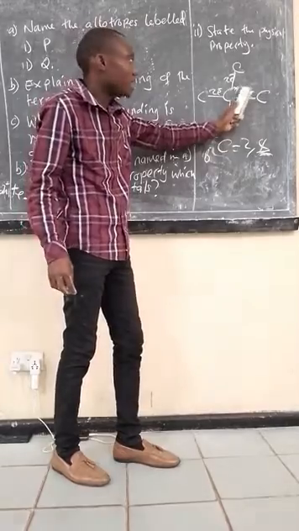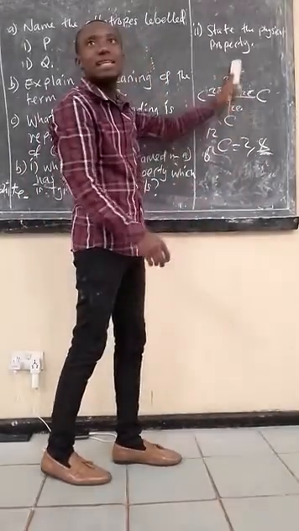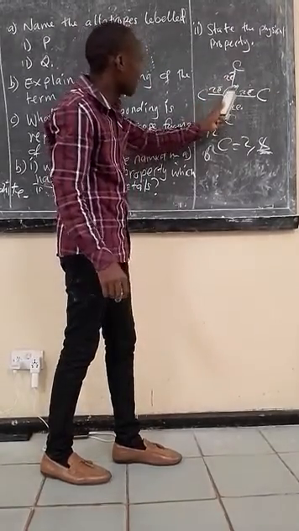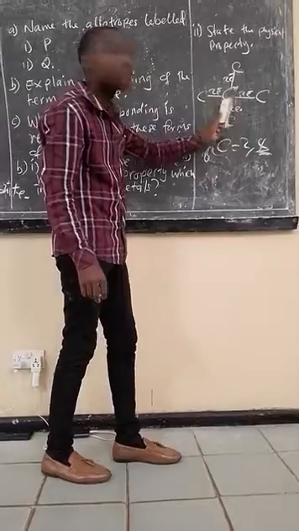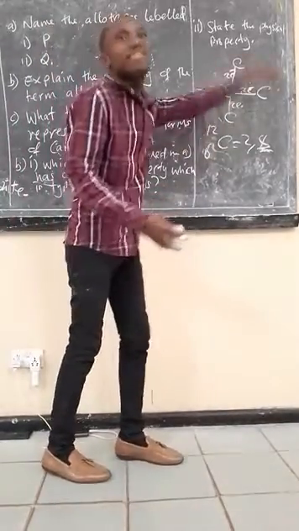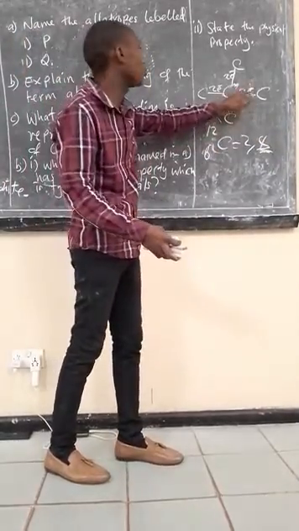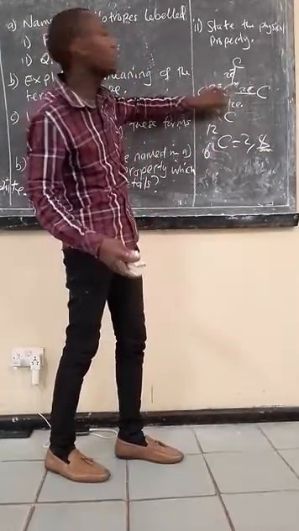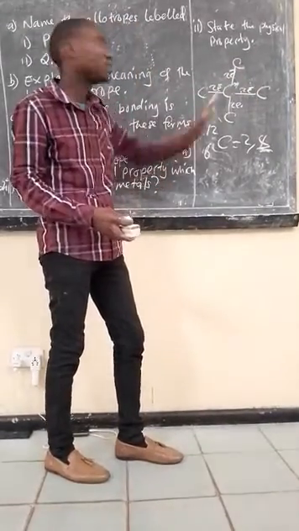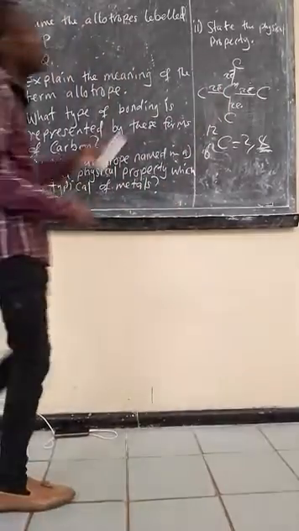We count. 1 is shared this side, so we have 1 here. Again, the other one is shared here, 2. Another one is shared this side, 3. Another one is shared down, 4. You've seen that? So meaning, since when it shares, it has to receive also from the other side, it will now be 2, 4, 6, 8. Meaning we have a strong covalent bond here. That is for diamond.